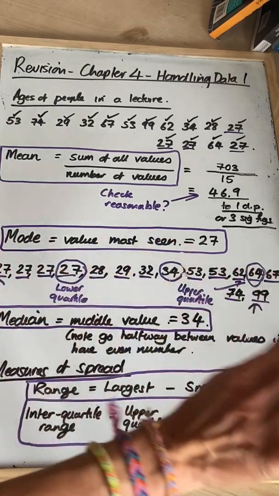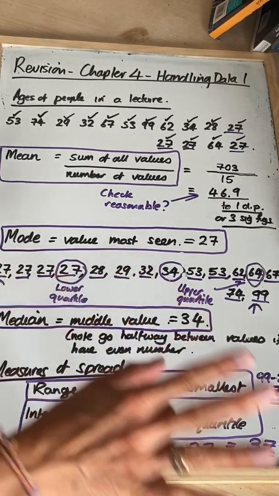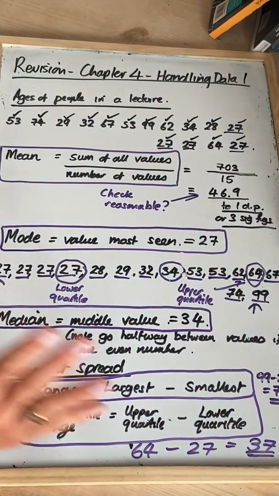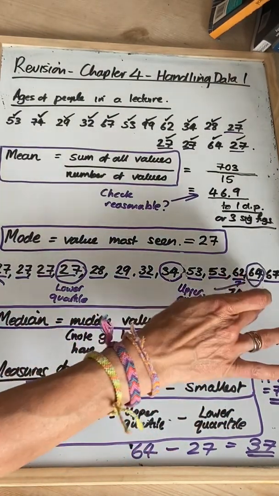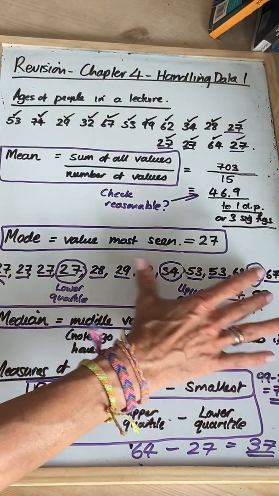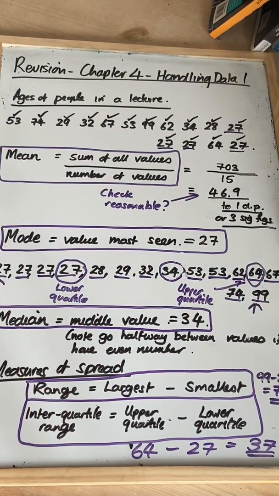It's ignoring anything at either end, which is sometimes considered useful because you might have some real outliers, some real extremes in your data. Having a 99-year-old person in the room is quite extreme. Most of the people in the room are nothing like as old as that, so the interquartile range gives a better idea of the spread of the ages in the room.